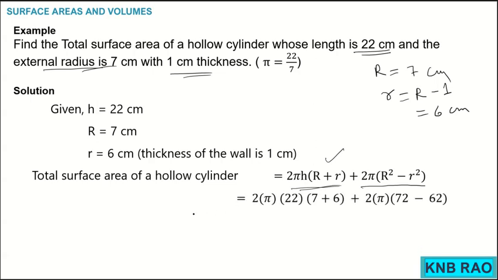So substituting the values 22, 7 and 6 for h, capital R and small r respectively, here 2 pi times 22 times of 7 plus 6, which is 13, plus 2 pi times 7 square minus 6 square. On solving it, we'll get 1878.67 centimeter square as the total surface area of the hollow cylindrical shell.